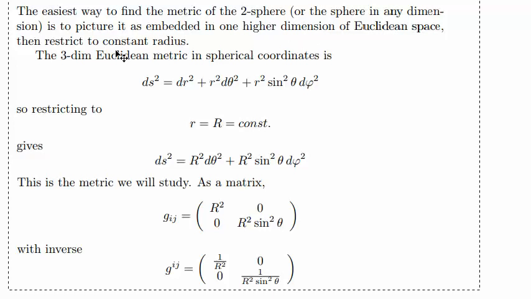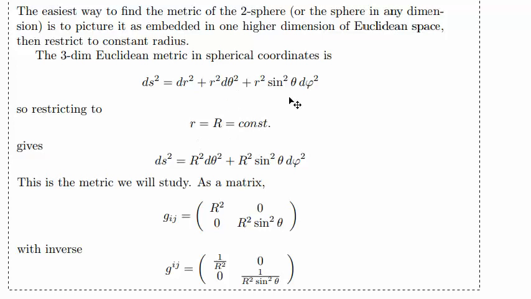So what he's going to do with that two-sphere is set r equal to big R, a constant, giving ds squared equals r squared d theta squared plus r squared sine squared theta d phi squared. And so dr squared is set to 0 here, so that disappears, and otherwise the little r's are replaced with big R's.